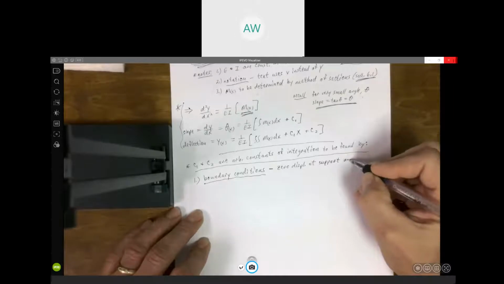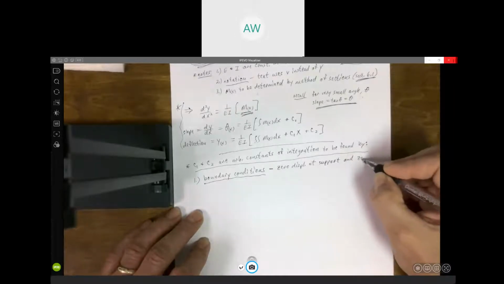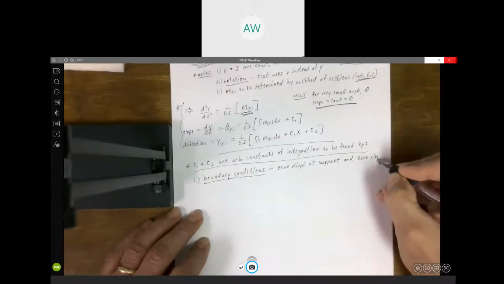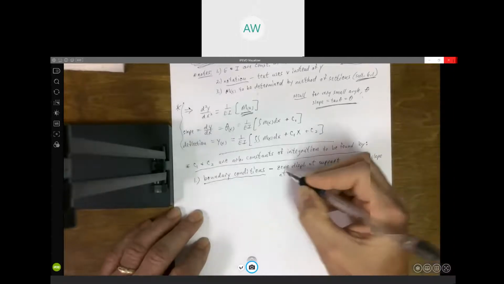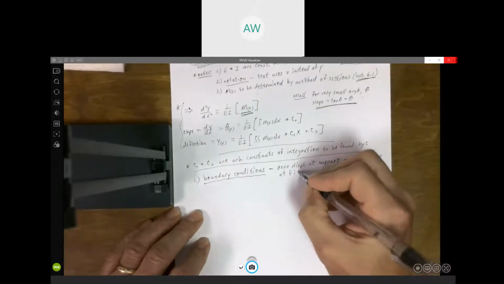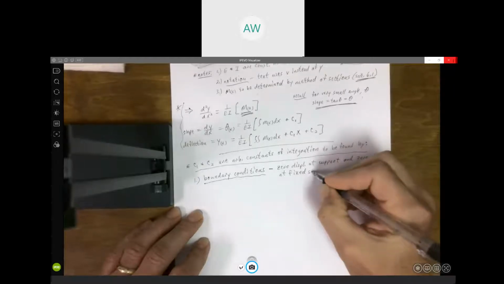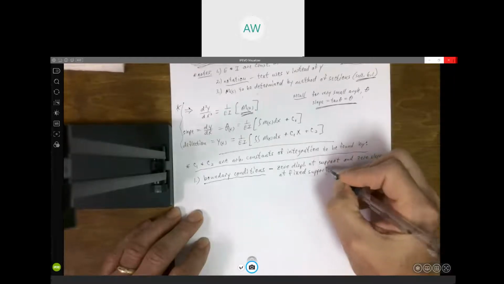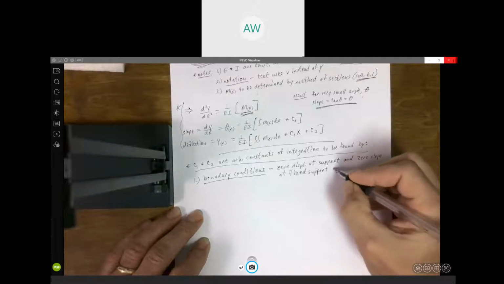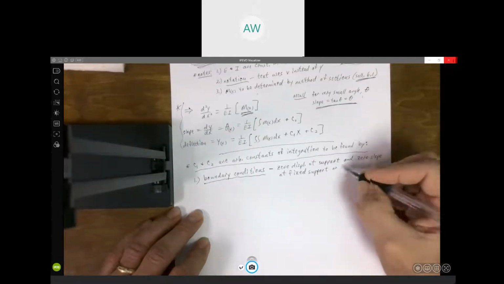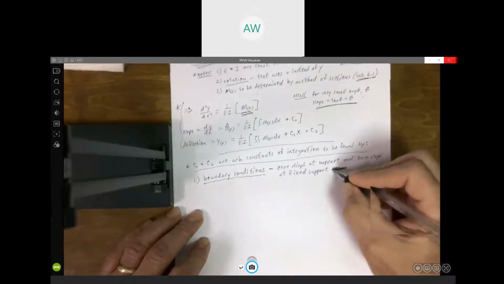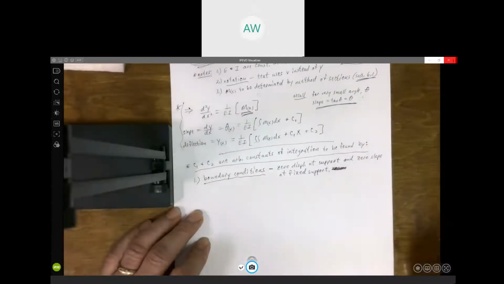And we also have zero slope at any fixed support. If you have a fixed support, not only does it prevent it from moving, it prevents it from rotating.